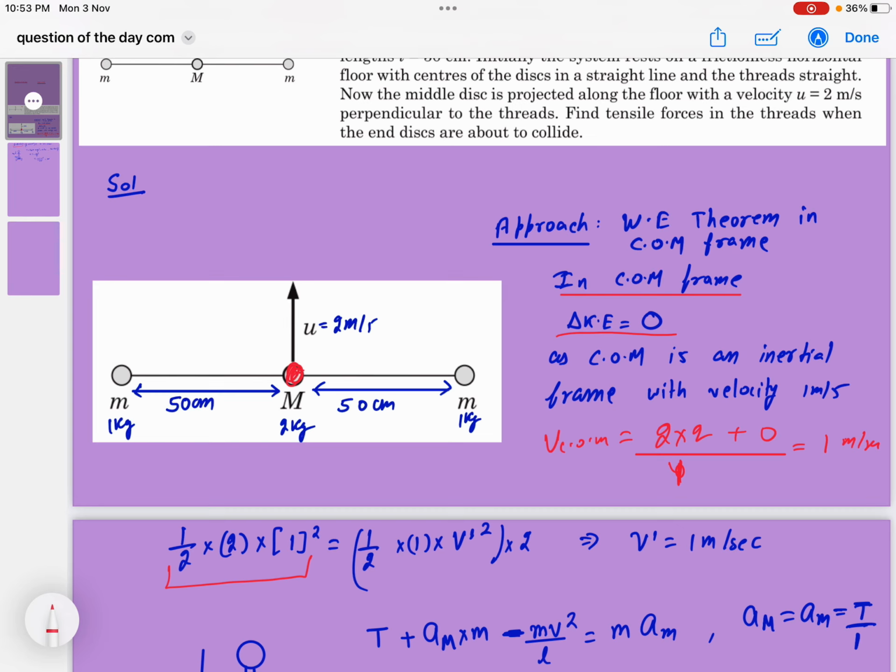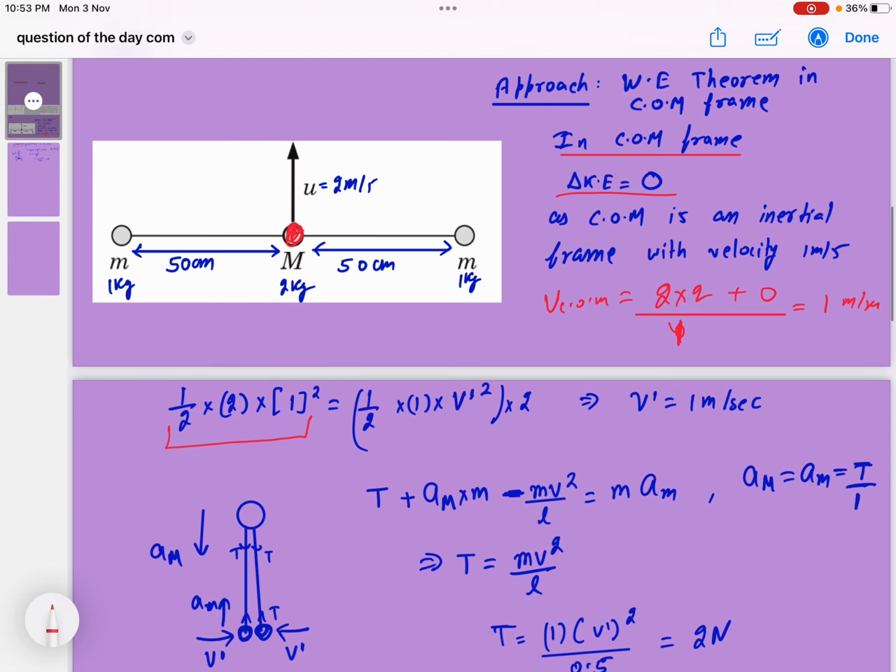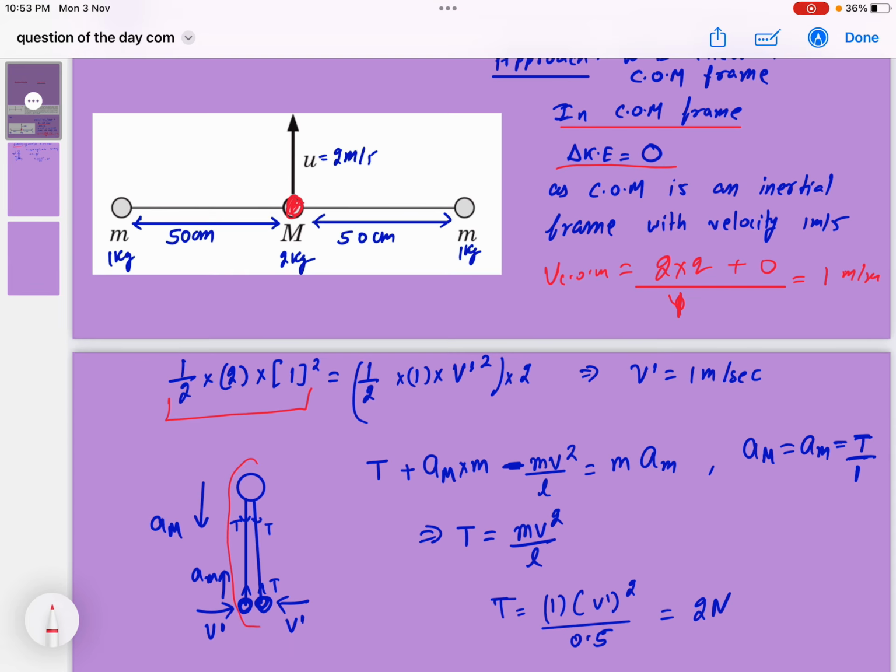Now when the system is about to collide like this, in the vertical direction there cannot be any relative motion, because the string is unstretchable, meaning this component should be equal to the velocity of the center of mass.